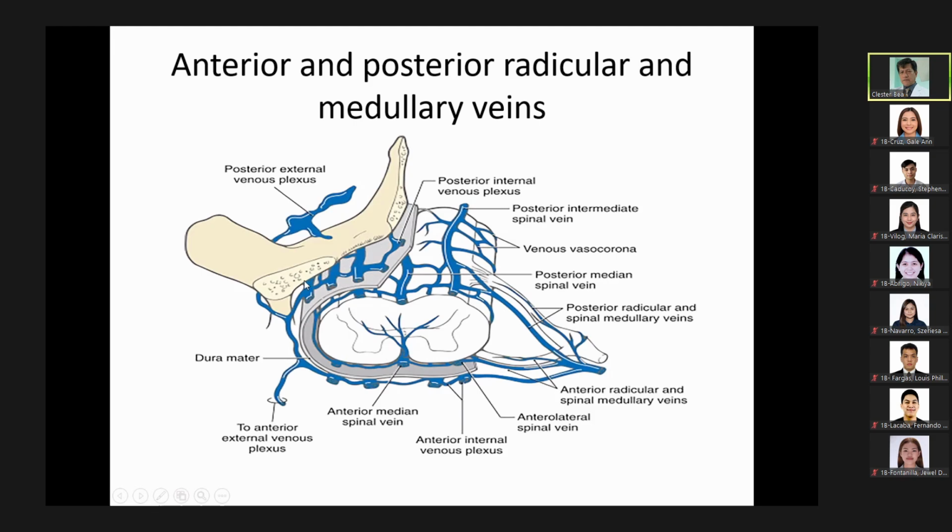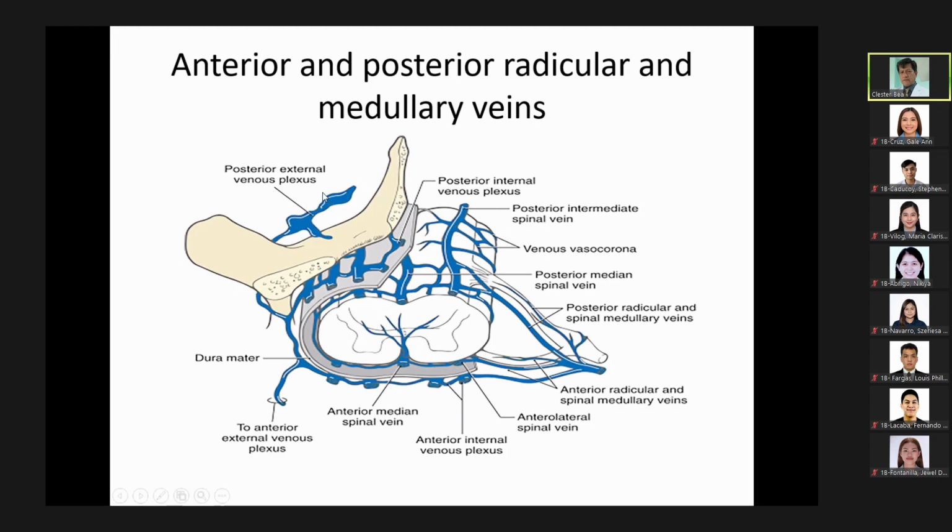Now, the venous plexuses, especially the external venous plexuses, which carry blood from different levels or different regions of the body, have been implicated as one of the mechanisms by which metastatic cells coming from the pelvic region spread to the vertebral column or to the bones.